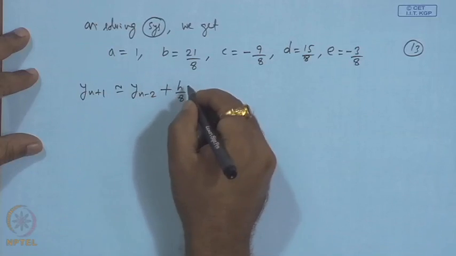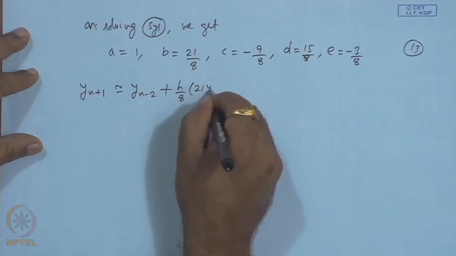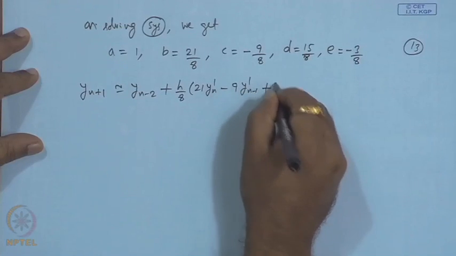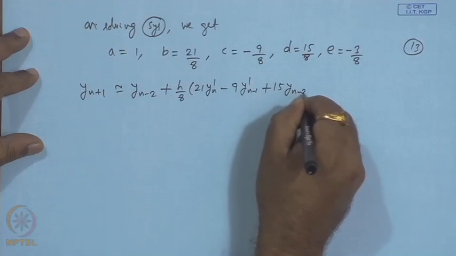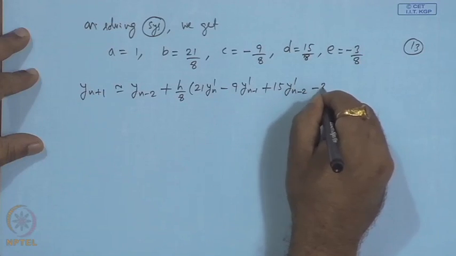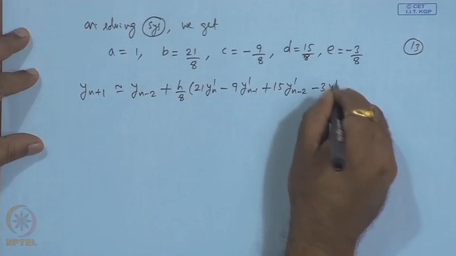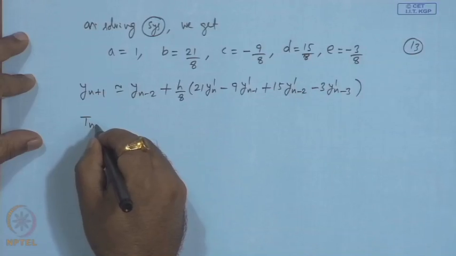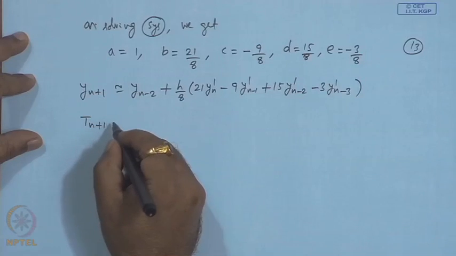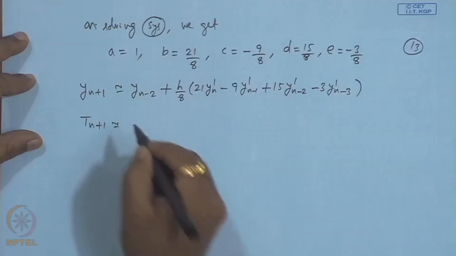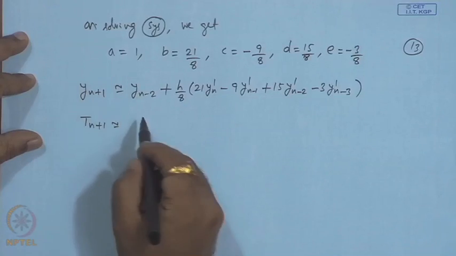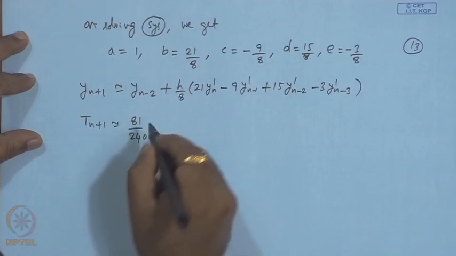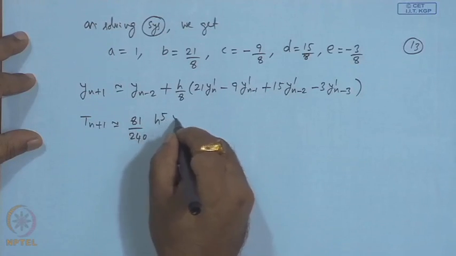plus h by 8, 21 y n prime. Okay. And if we take the next terms, okay, so that means which is non-zero, C 5 is 81 by 240 h 5.